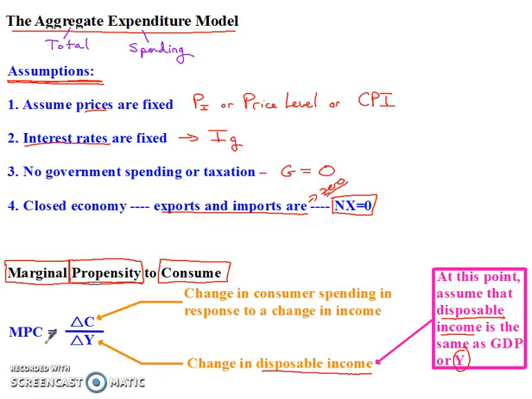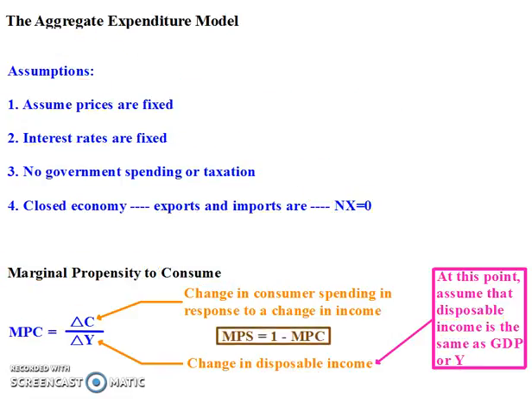And then there's one other concept called the marginal propensity to save, which is 1 minus the marginal propensity to consume. After all, if you make another dollar of income, you can do two things with that dollar: you can use it for consumption or you can save it.